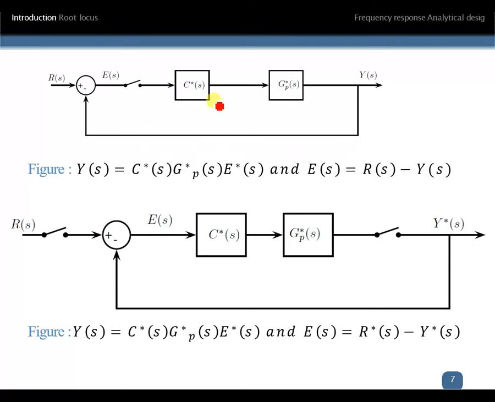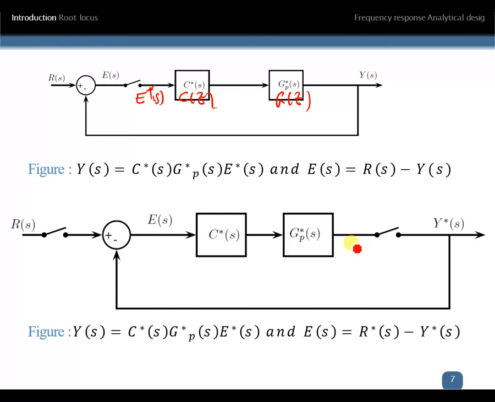Here they show that if you have C star (s) or C(z) and a G(z) here, the output of my system will be C star multiplied by G_P multiplied by E star, because here is an E star, and I know E(s) becomes R(s) minus Y(s).